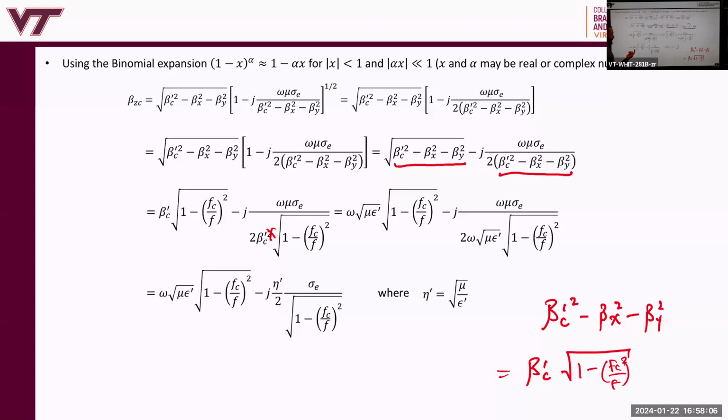So this is beta multiplied by some frequency dependent term, right? And this is eta times sigma multiplied by some frequency dependent term, right? So here what we see is that the complex propagation constant, the direction of propagation, is frequency dependent, right? Dispersive.